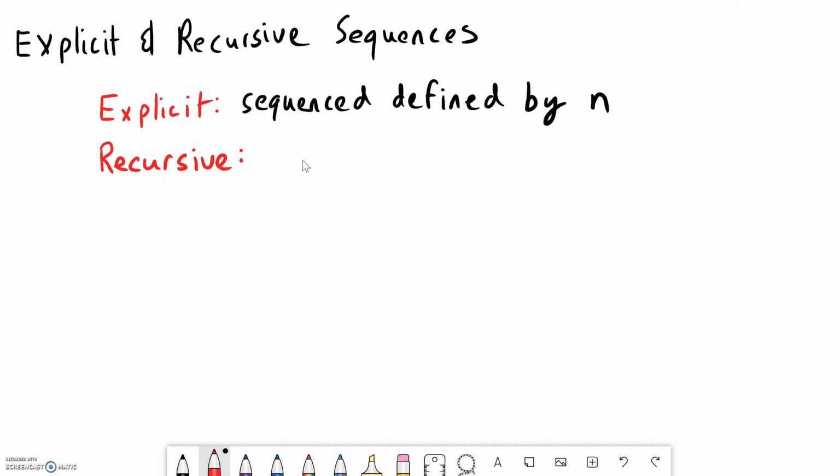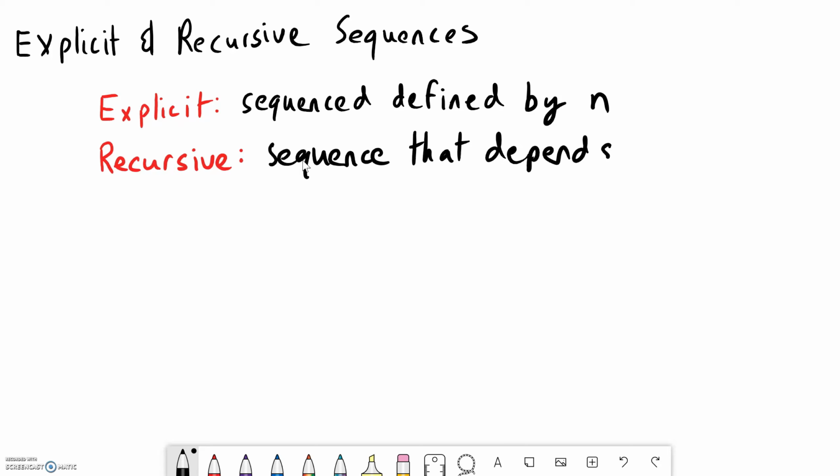On the other hand, recursive is a sequence that depends on past terms. Right? So by past terms, it's kind of like a good example, right? So this is an example of a recursive one, right?